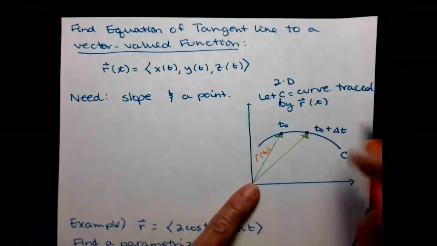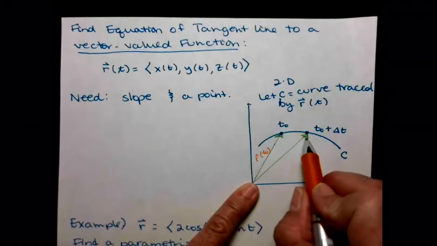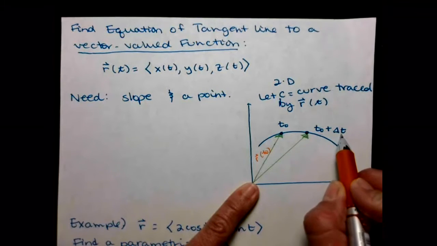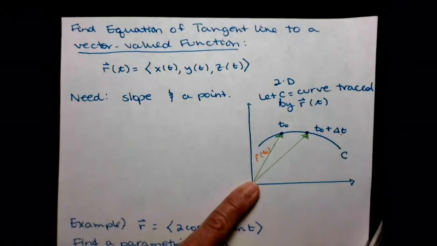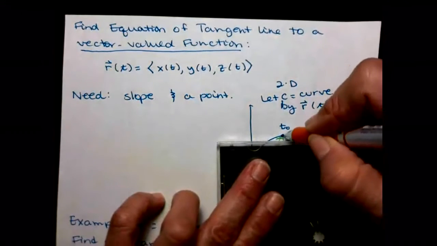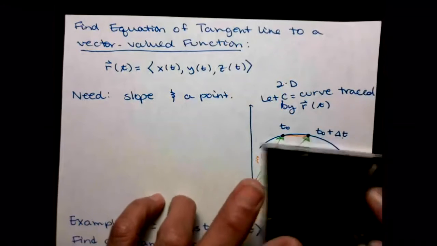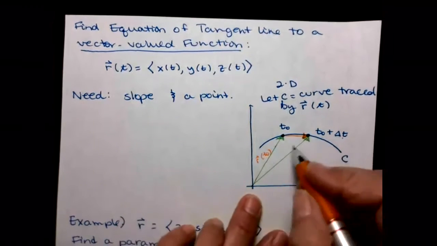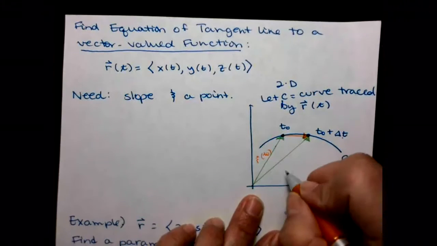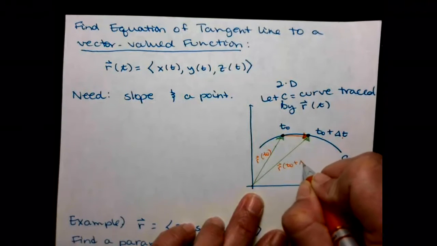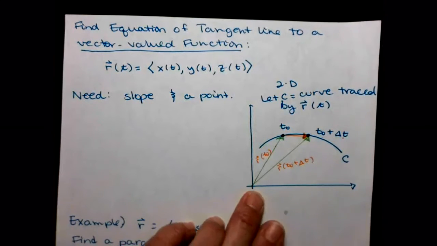Then sometime later we've swooped around and gotten to a new point, t naught plus some delta t, some increment of time. The vector that goes between them is the difference between those two vectors. So this here is r at t naught plus delta t.